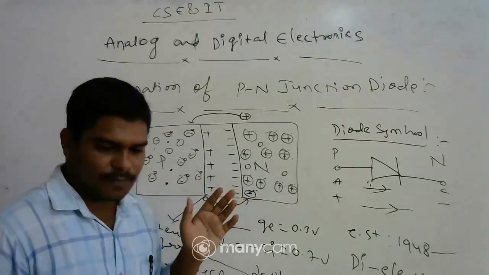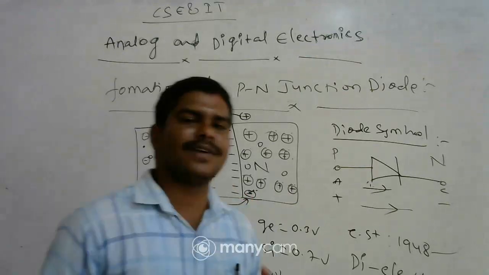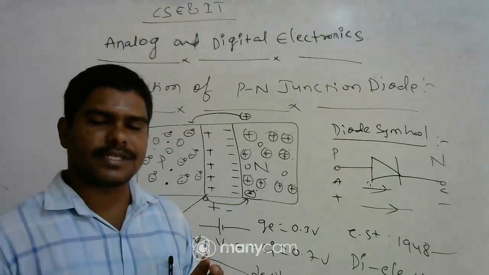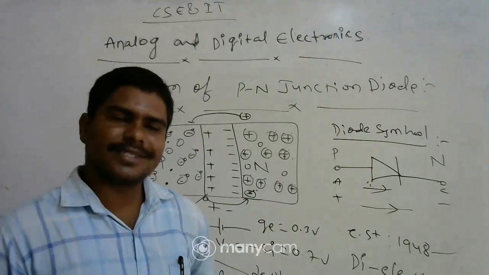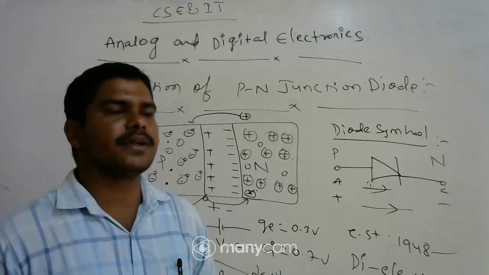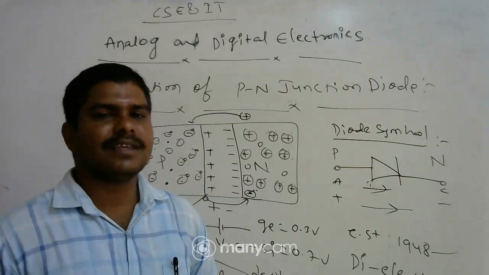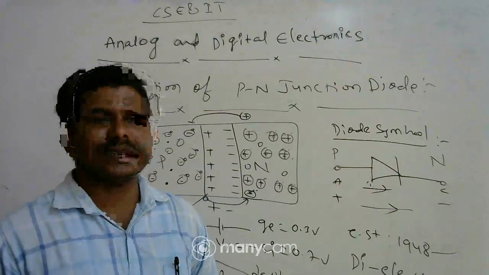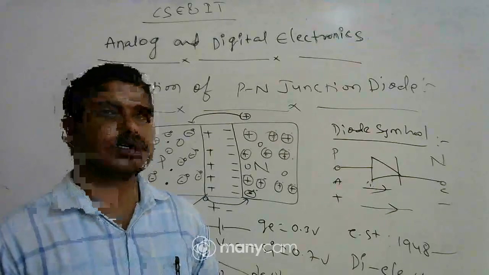Remember everyone, in this subject we talk about only four points. For any device, whether diode, transistor, FET, or digital circuits, we see only four things: first, the resistance through the device, the current, the voltage, and the power through the device.